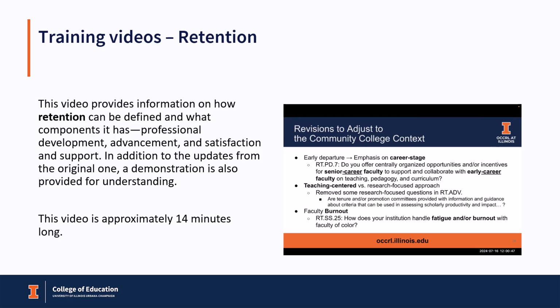As faculty members may not stay at one institution for a long time, we try to use terms that focused on career stages. So we decided to change the terms. For example, in the professional development subsection, we used senior career faculty and early career faculty in the questions.